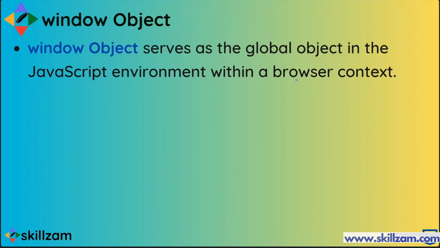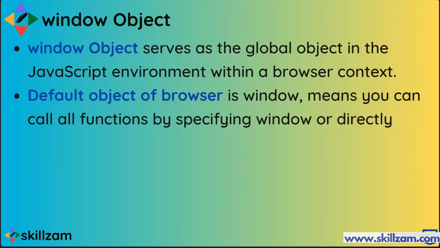If we want to interact with the Chrome browser using JavaScript, then we are making use of this global object, what is known as the window object. And what is this window object again? By default, it is the object of the browser.